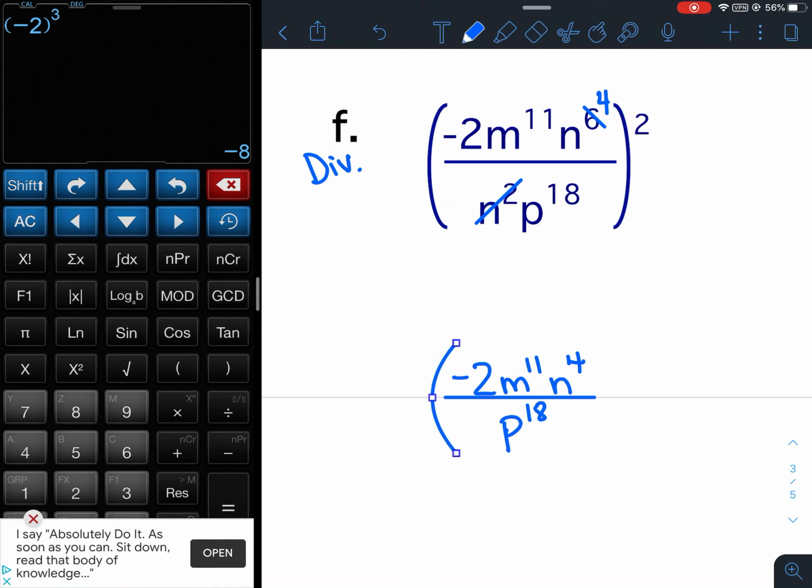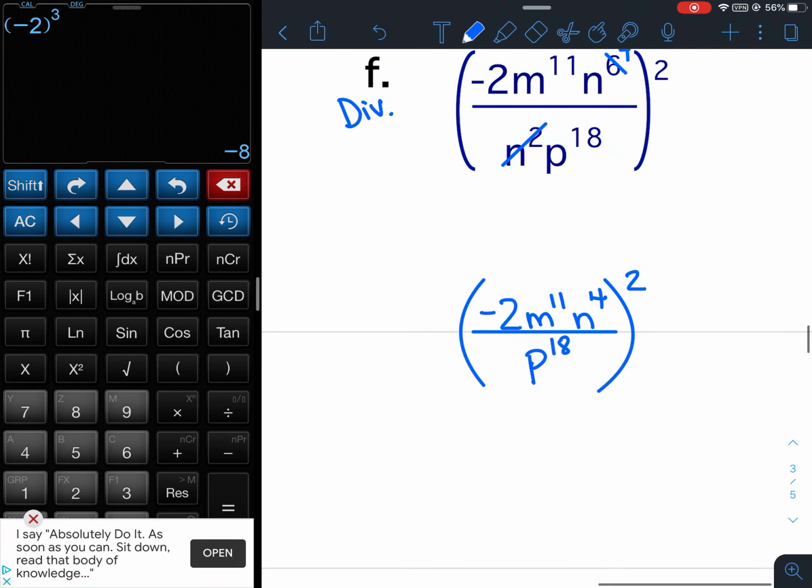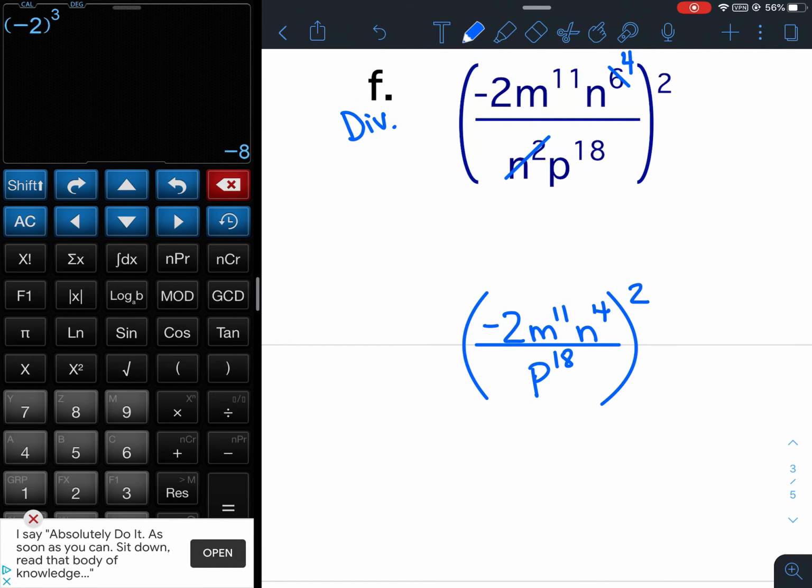And all of that is to the second power. I simplified everything I possibly can inside the parentheses, so now it's time to apply this exponent, which means we're going to do power of a fraction.